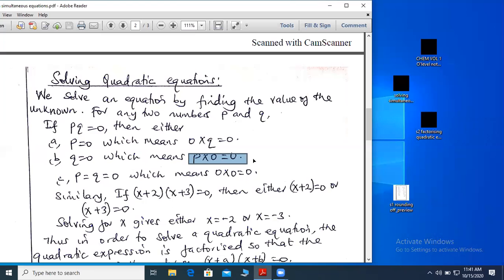But it can also mean that both p and q are equal to 0, which means that 0 times 0 is equal to 0. So that is what it means.